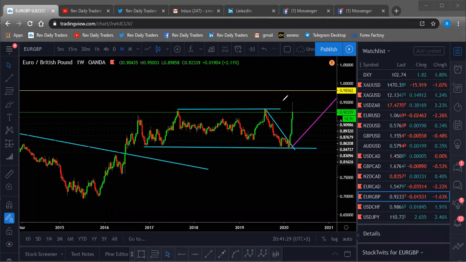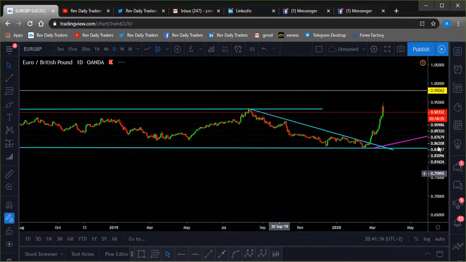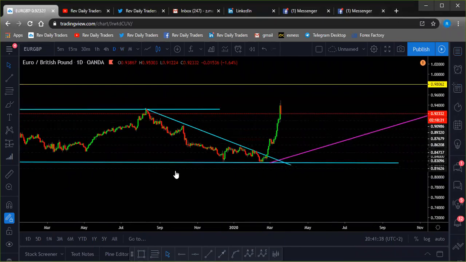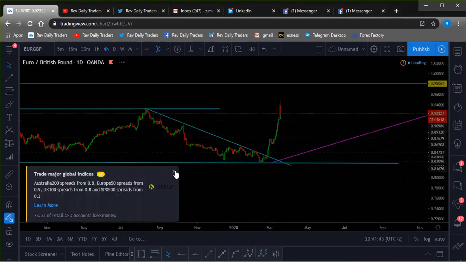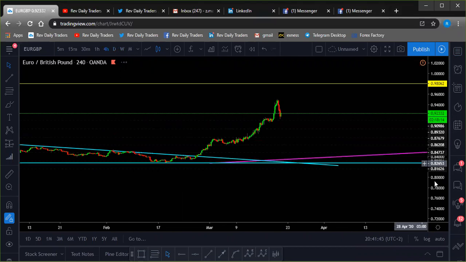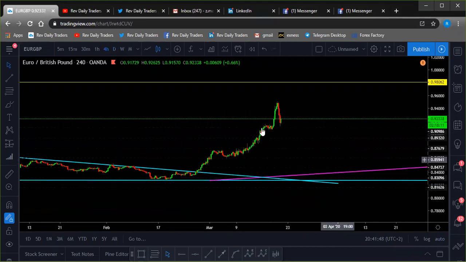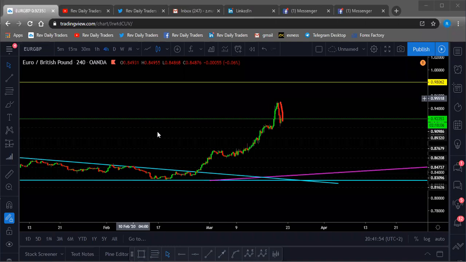So now what you need to do, you go to lower time frame, it has moved aggressively down there, okay? So you'll be having such, let me show you.